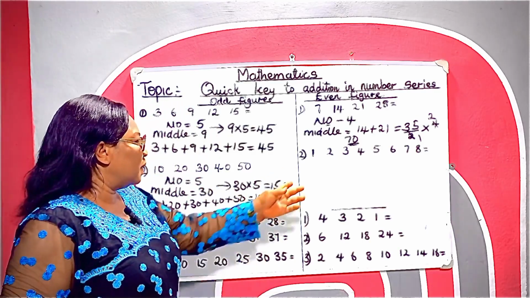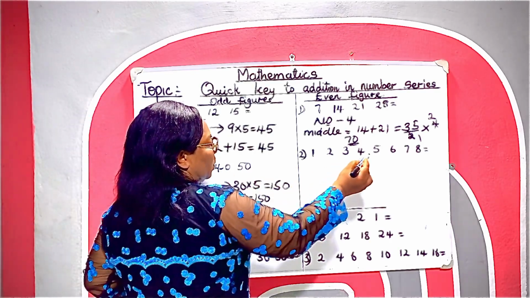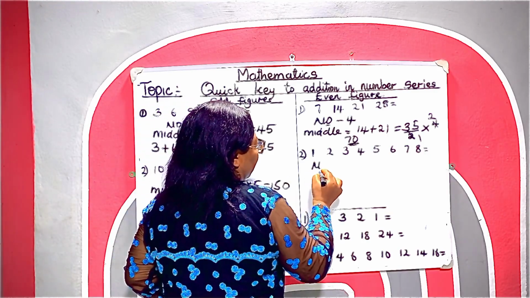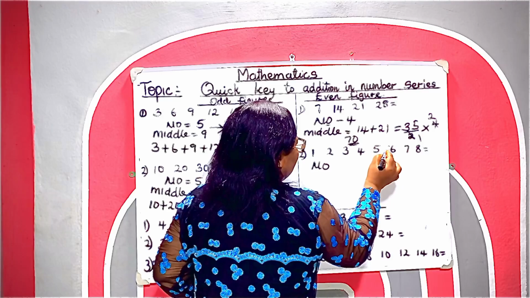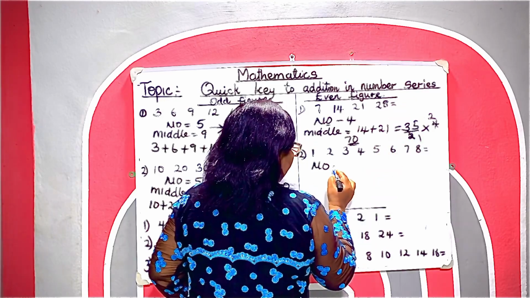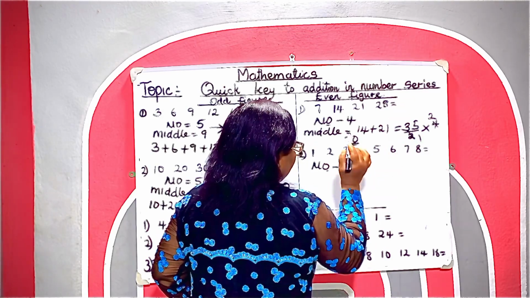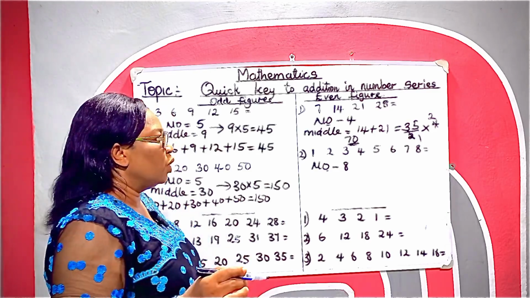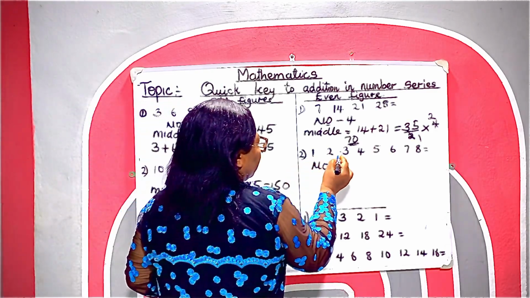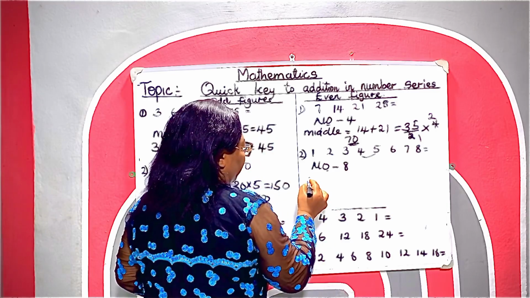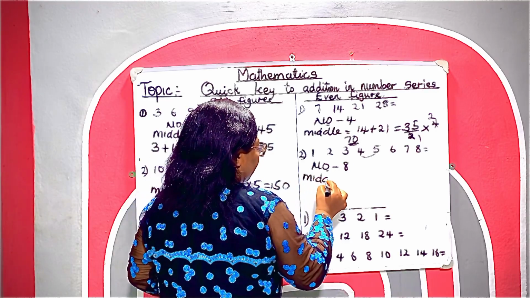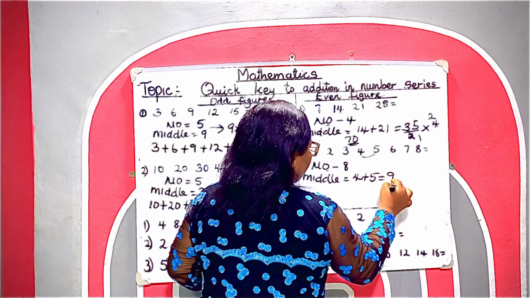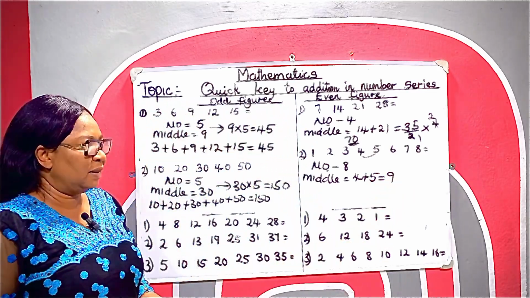Good. Let's do this one. 1 to 8. Numbers 1, 2, 3, 4, 5, 6, 7, 8. We have 8 numbers in the series, and it is even. Which ones are in the middle? 1, 2, 3, 4. These two are in the middle. So we say 4 plus 5 gives us 9.